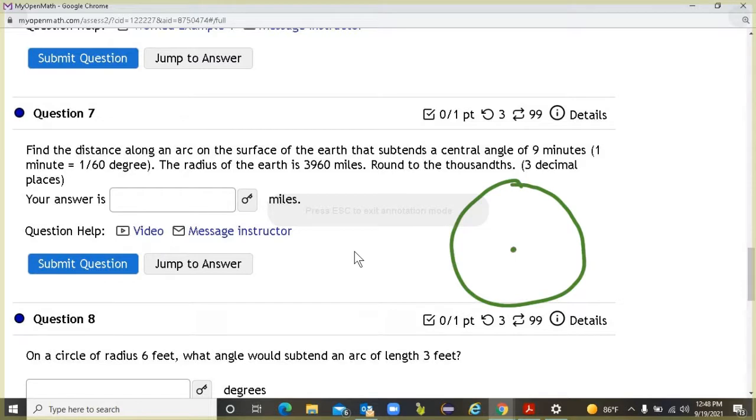It says the radius is 3,960 miles. It's asking about a central angle of 9 minutes. Now we're about to have to do a little bit of conversion. So remember, an angle of 9 minutes has to be in radians when we put it in the formula. So I need to try to convert this over to radians.